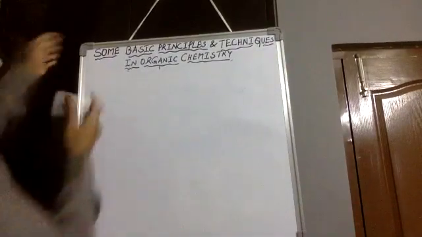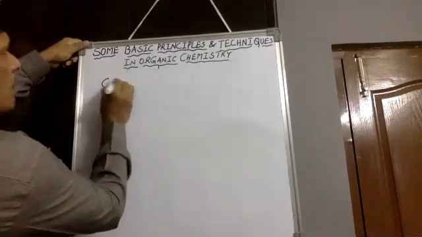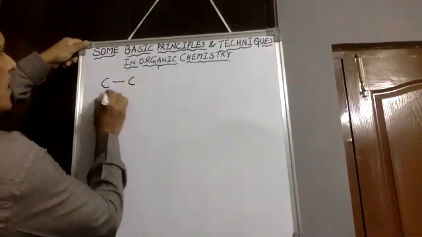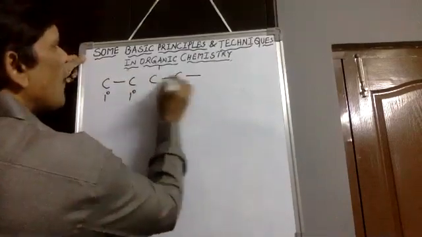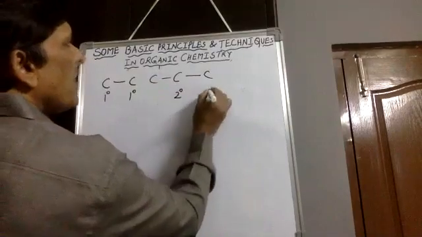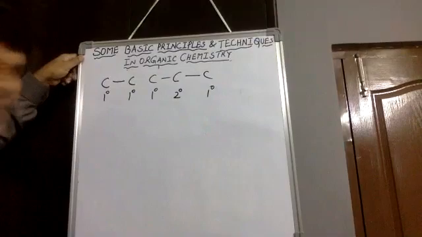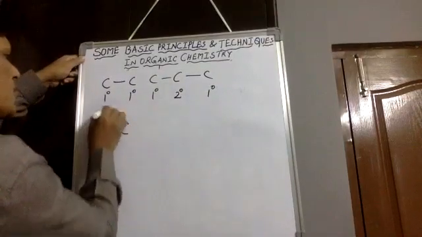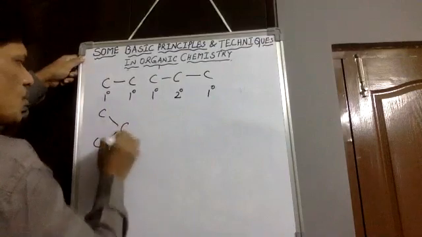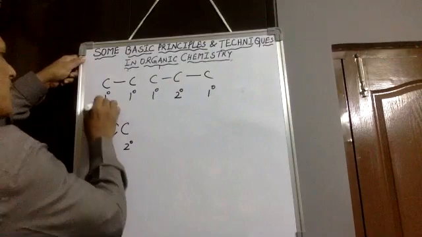A carbon attached to one carbon is a primary carbon, and a carbon attached to 2 carbons is secondary. Those carbons attached to only 1 carbon are called primary carbons. If a carbon is attached to 2 carbons, it is secondary, and these 2 carbons are primary carbons.